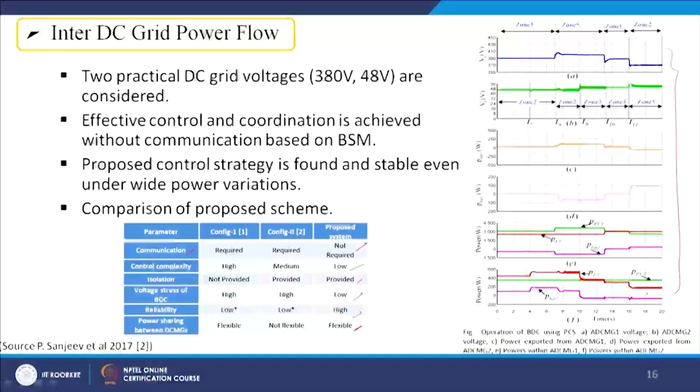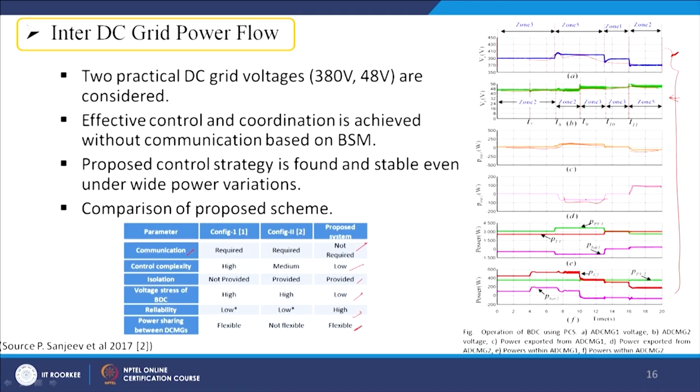So, here we are now putting both the DC microgrids together simultaneously. We can clearly see this is showing the voltage of my microgrid 1, which is around 380 but varying, and this is for my microgrid 2, which is around 48. Then we can see the power exported from microgrid 1 is slightly exported, and you can say this one is observed by microgrid 2, and when it is importing, microgrid 2 is exporting.